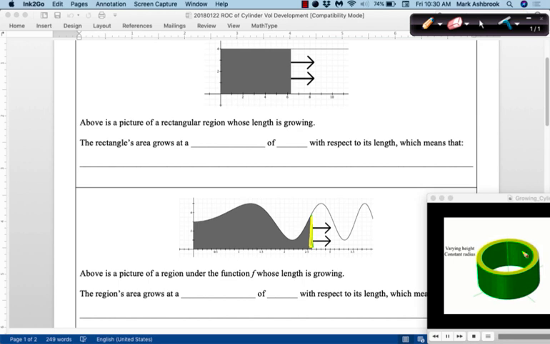So the area is growing right to left. It grows by the amount of, say, a yellow strip. That's the size of the leading edge of the quantity that's increasing. This volume of the cylinder, it's growing up. How much? What is its rate? It grows a little bit by the size of the leading edge, which is the area of that ring.